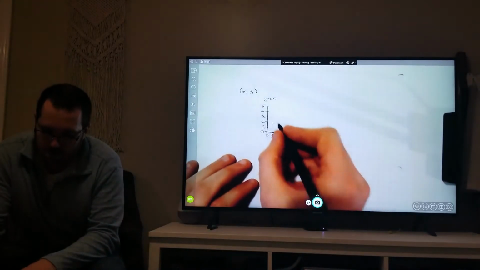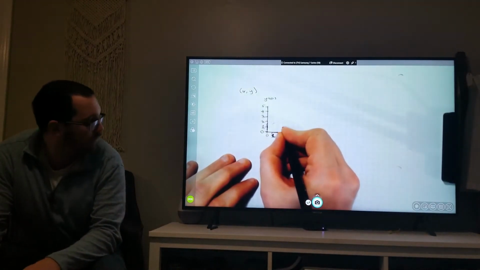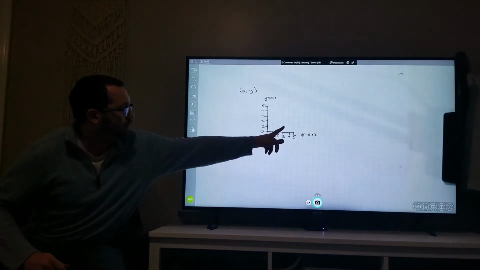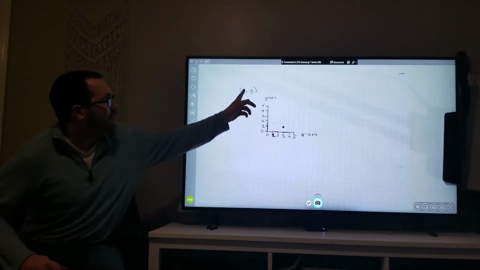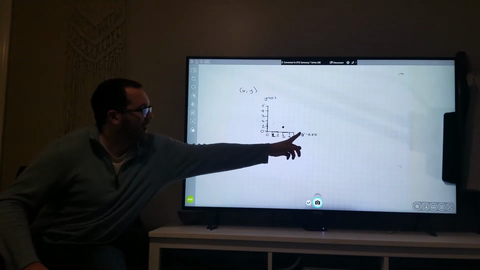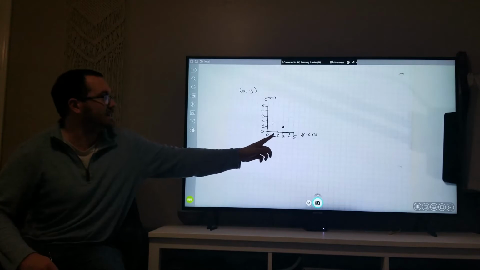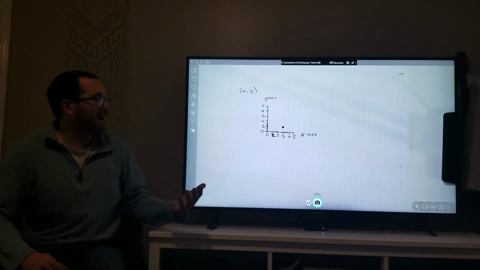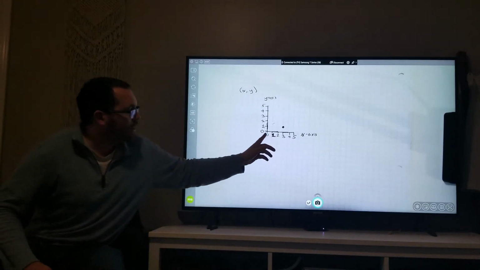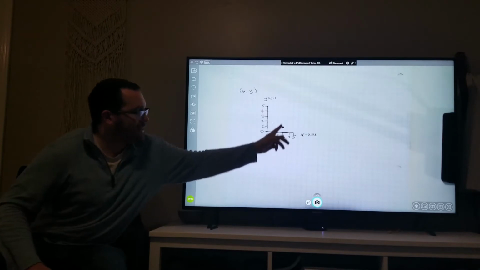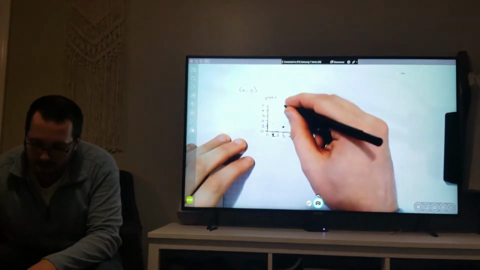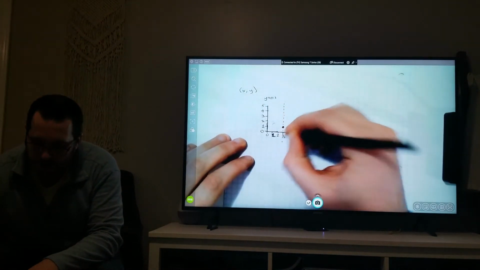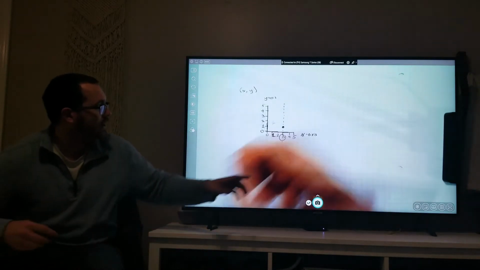So if I had a point right here, for example, first I would want the x. I would want to figure out how far on the x-axis, or left and right, that number is. If I go all the way on the x-axis, I see that it lines up with the 3.